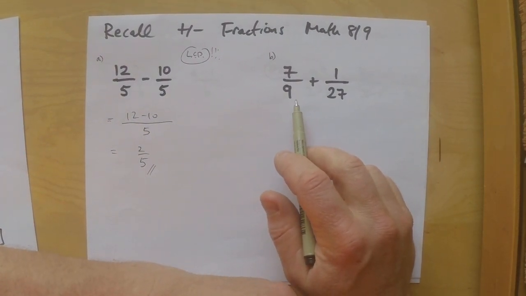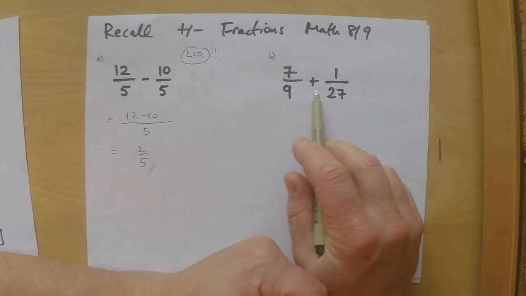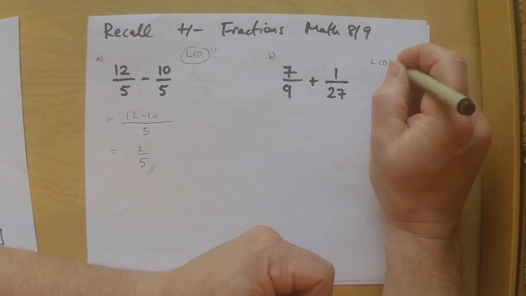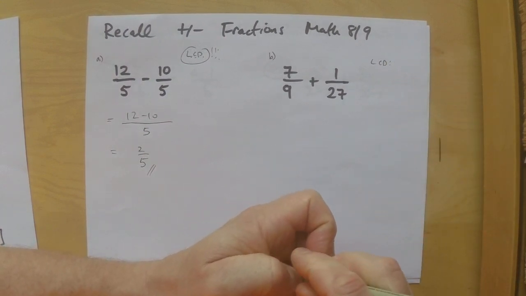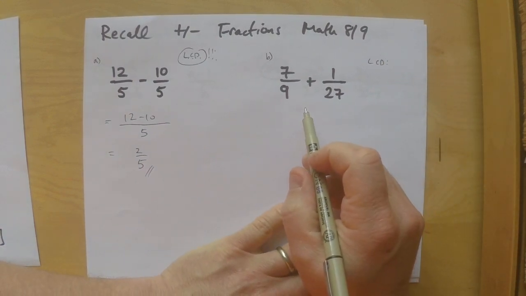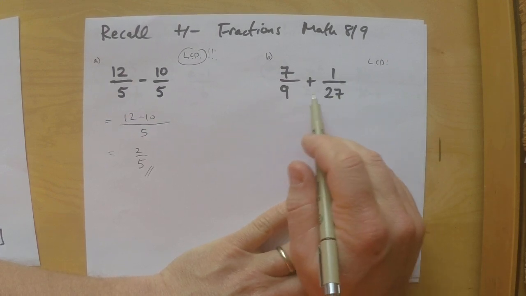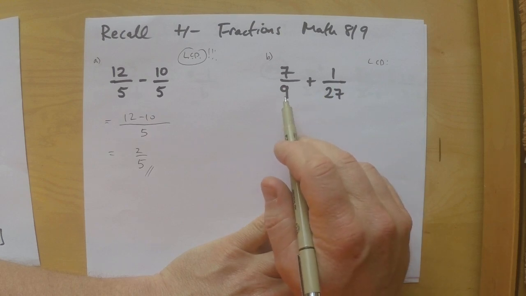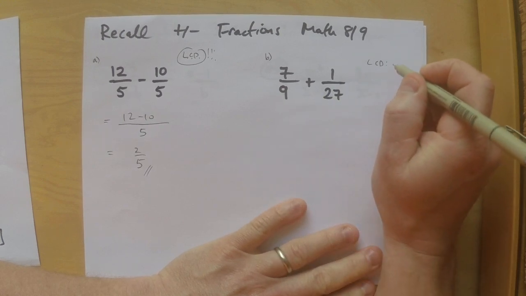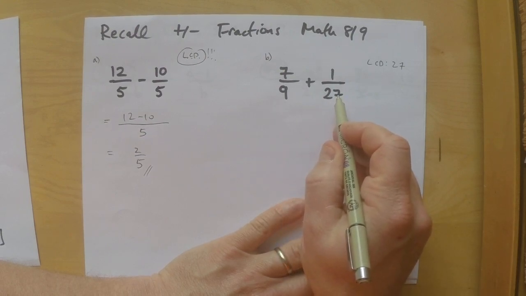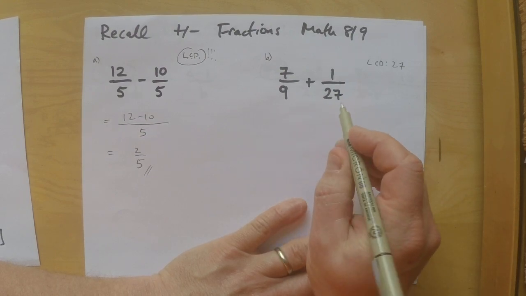If perchance you're adding or subtracting fractions and they don't have a common denominator, well, then you have to build a lowest common denominator. When it comes to numbers, you're just using your times table and numeracy savvy. There's lots of denominators you could use here, but the lowest common denominator between 9 and 27 would in fact be 27, because 9 does in fact divide into 27 nicely.